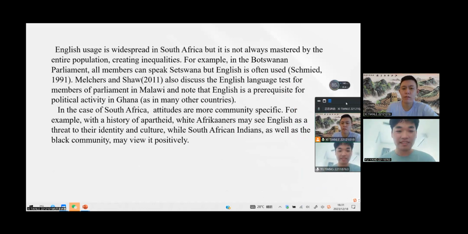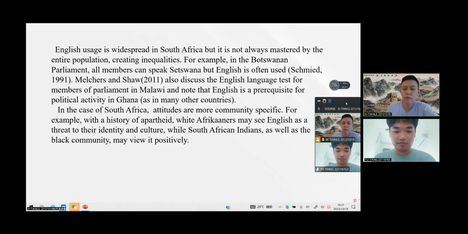English usage is widespread in South Africa, but it is not always mastered by the entire population, creating inequalities. For example, in the Botswana parliament, all members can speak Setswana, but English is often used. In the case of South Africa, attitudes are more community specific.